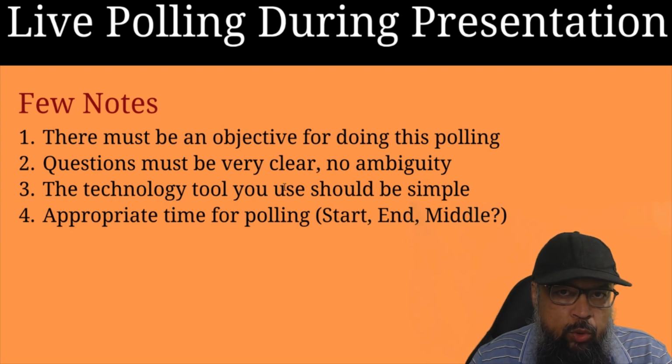And the third important point is that the technology tool which you are using should be simple. Of course, there is some activity students have to do. They have to click a link or they have to send a message, because most of the applications work in this way. But that activity should be minimum. And last but not least, you should select an appropriate time for polling. Some questions are good to be asked in the beginning, some in the middle, and feedback must be taken at the end of a session.